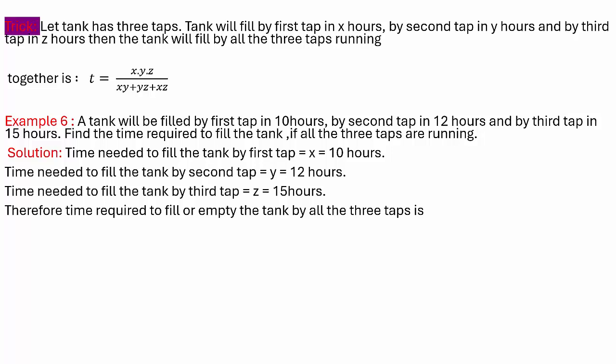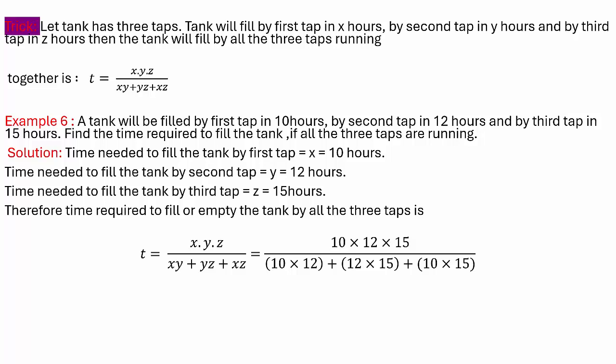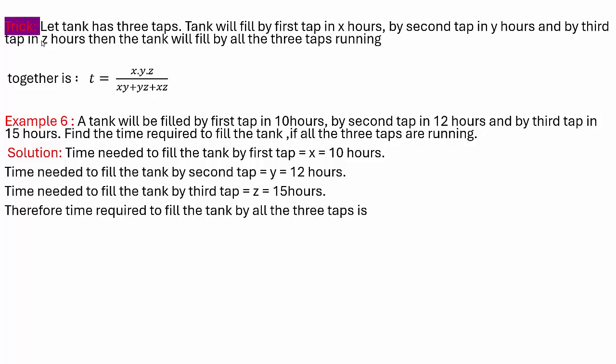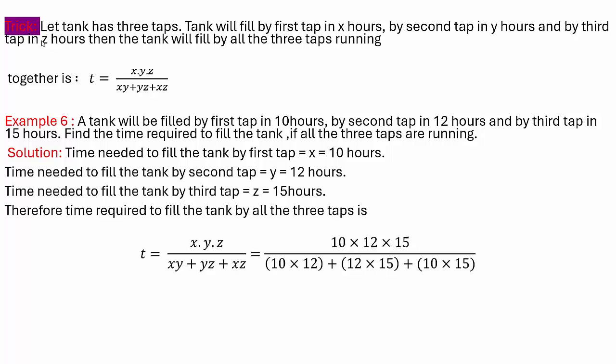And therefore, the time required to fill the tank by all the three taps is T equal to x into y into z divided by xy plus yz plus xz, which is equal to 10 into 12 into 15 divided by 10 into 12 plus 12 into 15 plus 10 into 15, which is 1800 divided by 120 plus 180 plus 150, which is 1800 by 450, which is 4 hours.